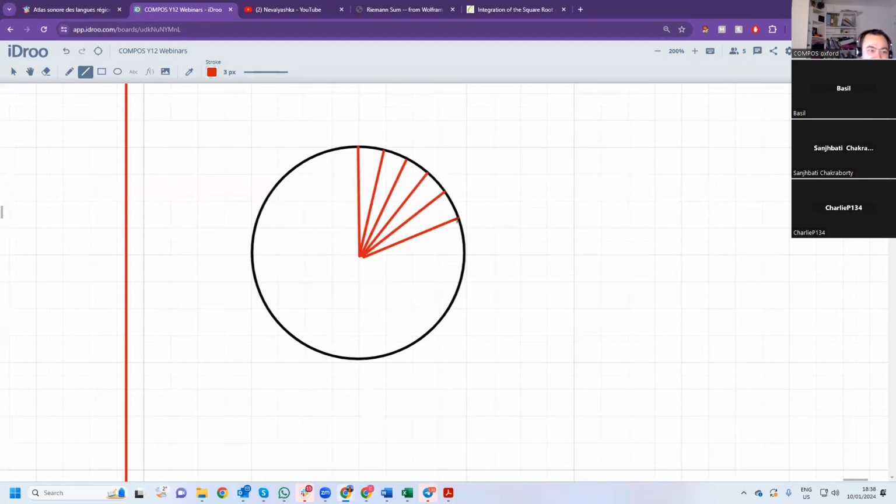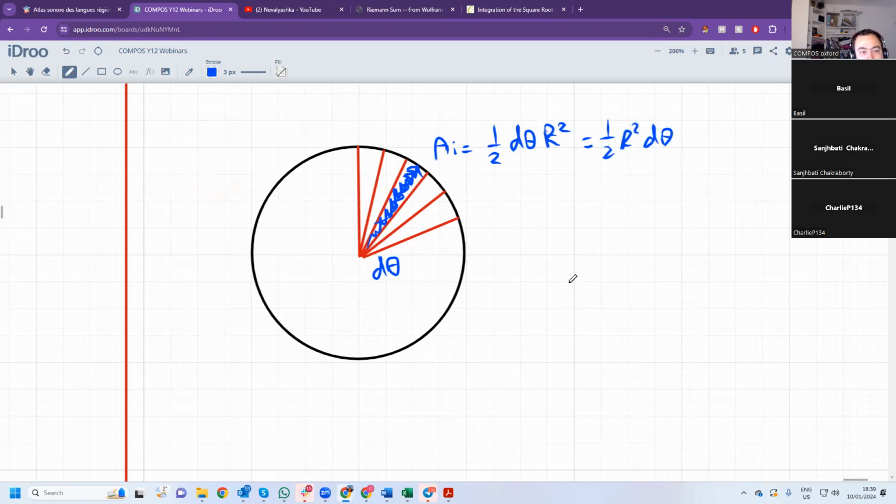This one is actually very easy because you take the area of one slice. The ith area is equal to, if the angle is d theta, 1/2 d theta r squared. Well, r squared, so it's 1/2 r squared d theta.